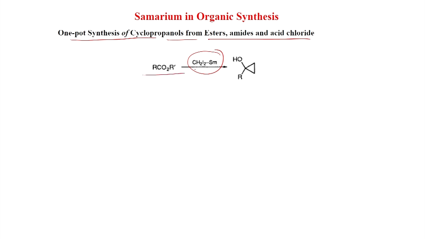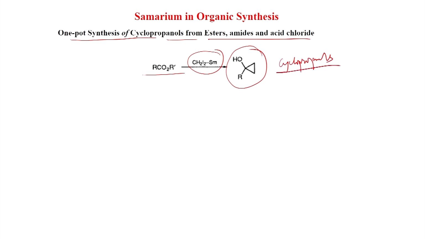Also, one-pot synthesis of cyclopropanols from esters, amides and acid chlorides is possible. So, we have seen the enolate chemistry for the alpha bromoketone as well as the ketone with base, and now if you put esters or amides, acid chloride, in that case also you get these cyclopropanols.